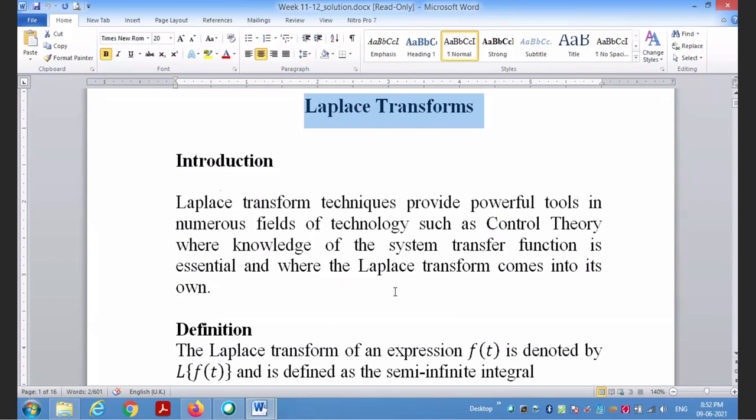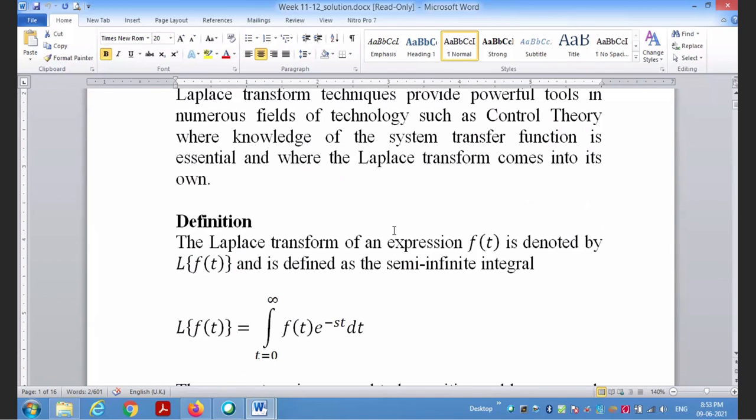Laplace transform of f(t), a function of t, we denote by this, L{f(t)}. The Laplace transform of f(t) is defined as what?